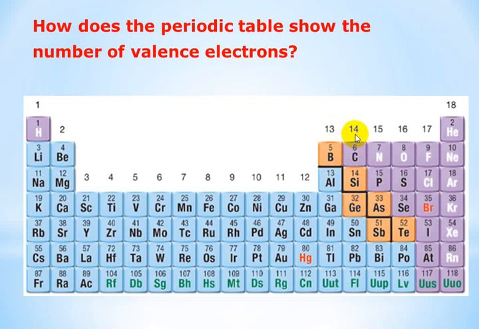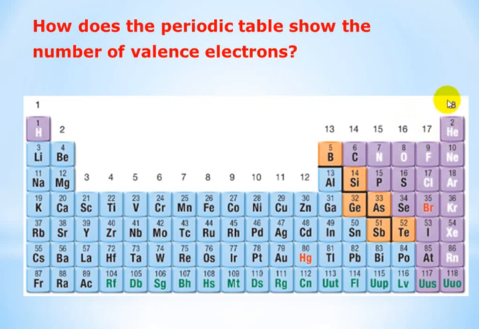Germanium has 4 valence electrons. Phosphorus has 5. Sulfur has 6. Selenium has 6, and so on. In group 17, it has 7 valence electrons. Chlorine has 7 valence electrons. Bromine has 7 valence electrons.